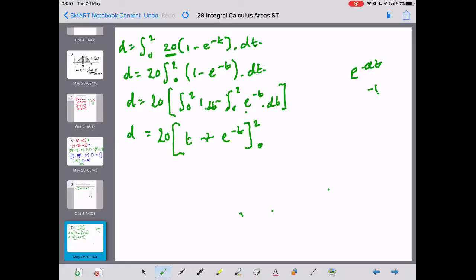And then we separate the limits: 20 times 2 plus e to the minus 2, minus 0 plus e to the 0.